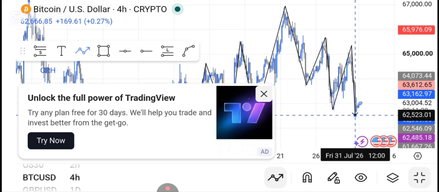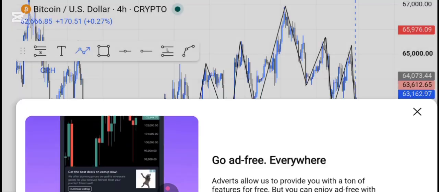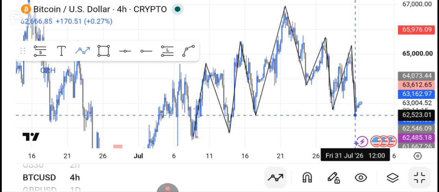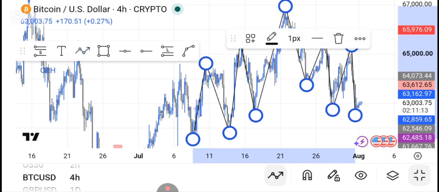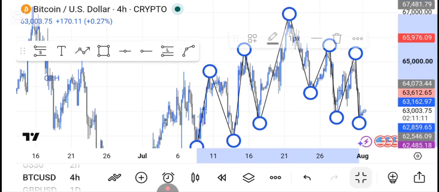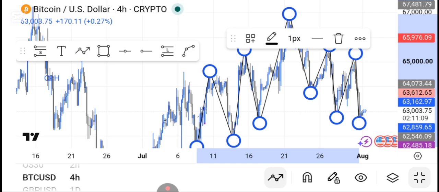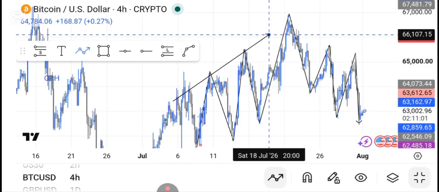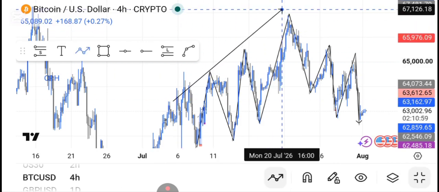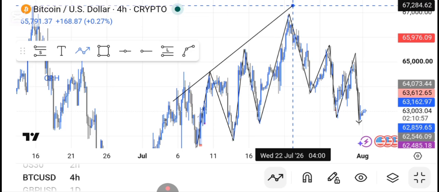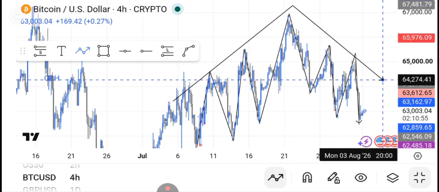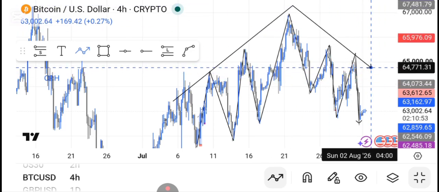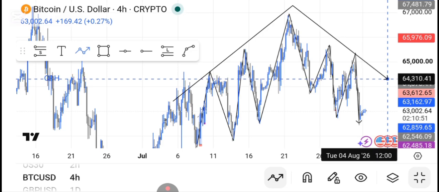As you can see, all these points you are seeing there are major swing highs and major swing lows. So BTC was uptrending, but then all of a sudden it stopped here and started going to the downside. It reversed.